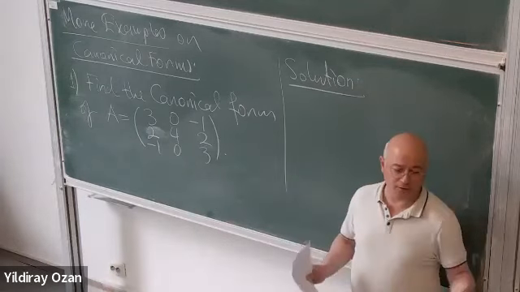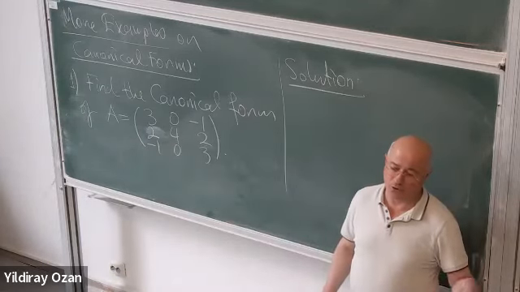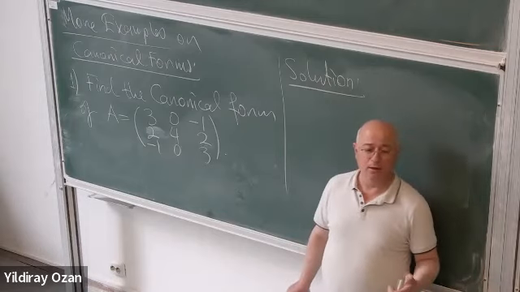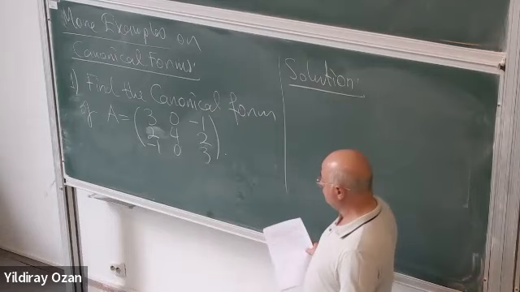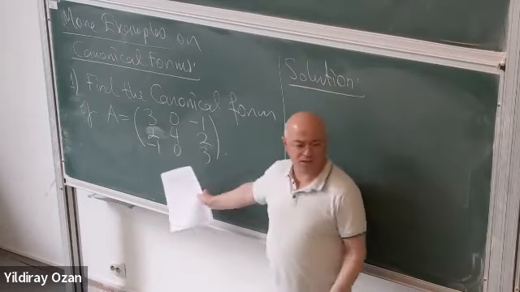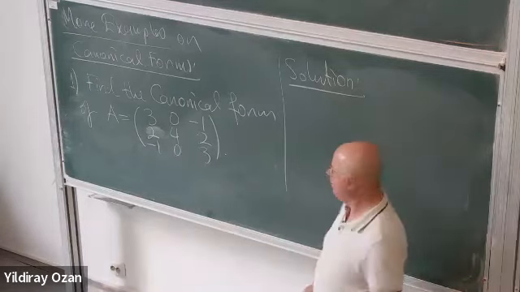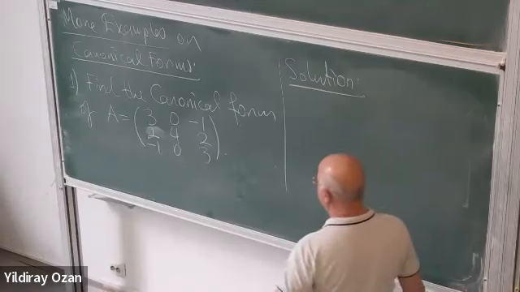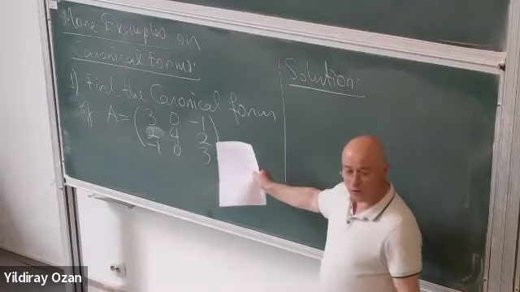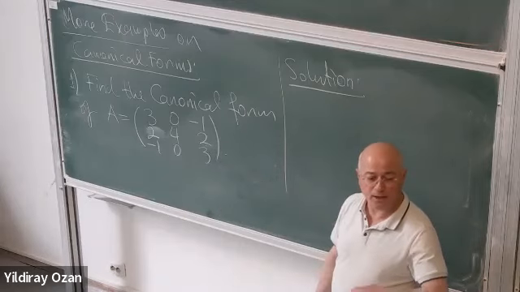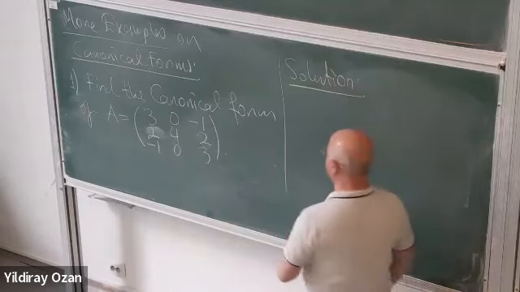And once you get the invariant factors, then you can decide directly whether it is diagonalizable or not. We can proceed both ways since it is 3 by 3. It is easy. Let me just try to find the characteristic polynomial and then see if it is diagonalizable.